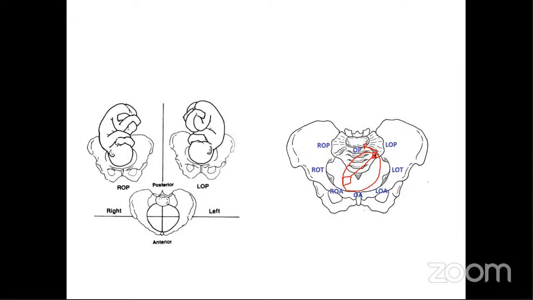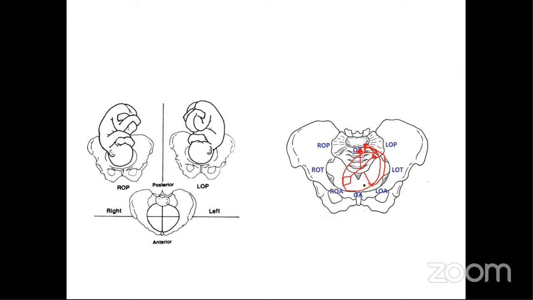Because of the internal rotation, the fetal position changes from left occipito-anterior, which is the most common, to left occipito-transverse, and then it comes to direct occipito-posterior, where the posterior fontanelle will be lying just below the maternal sacrum. So this is what normally occurs in a normal labor in a vertex presentation.